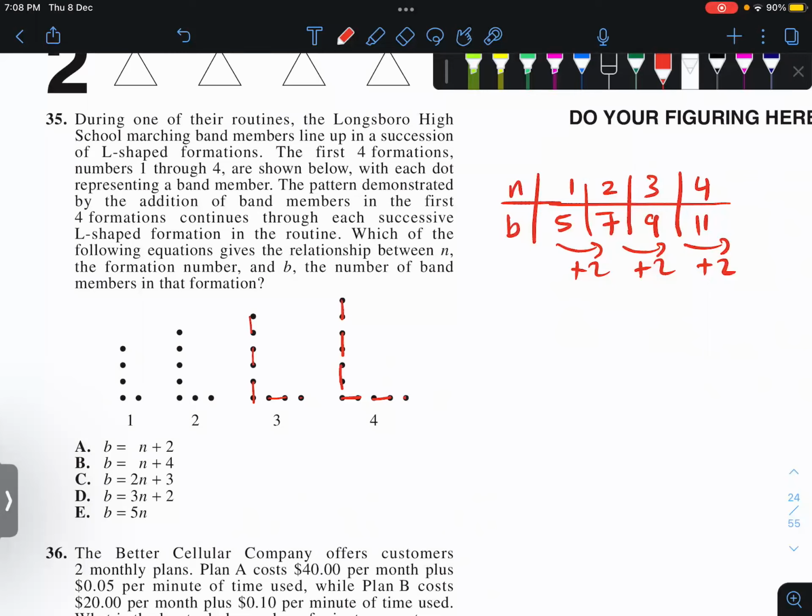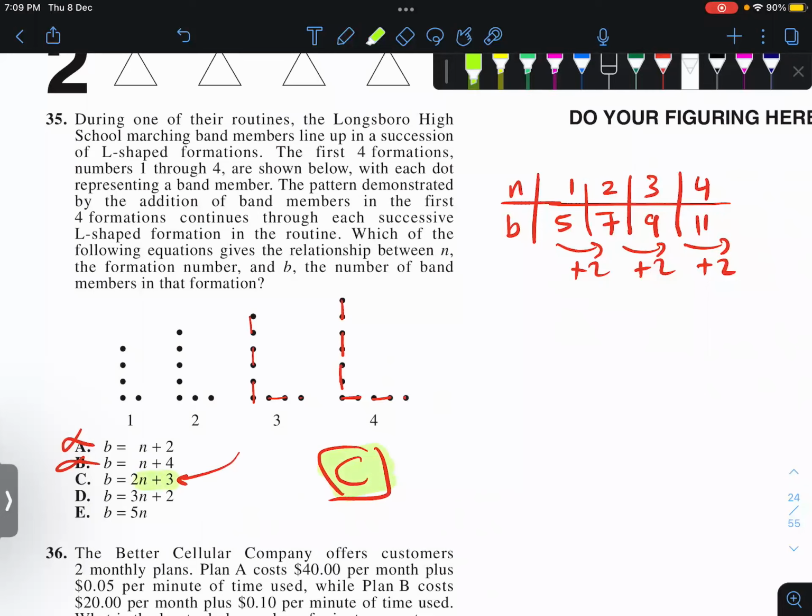No, not A. Okay, يعني 1 plus 4 is 5, and 2 plus 4 is 6, no, not B. 2N, يعني 2 times 1 is 2 plus 3 is 5. طيب, 2 times 2, 4 plus 3 is 7. Yes, 2 times 3 is 6 plus 3 is what? 9. So the answer is C. So in question 35, the answer is C.